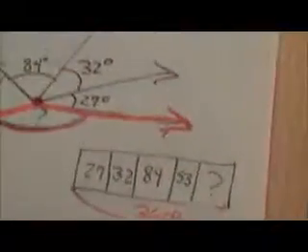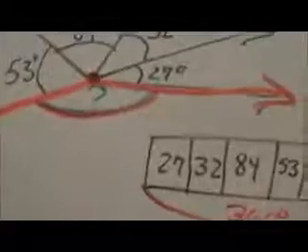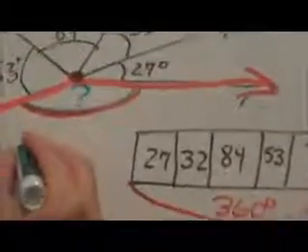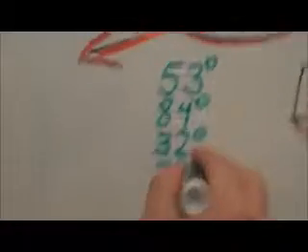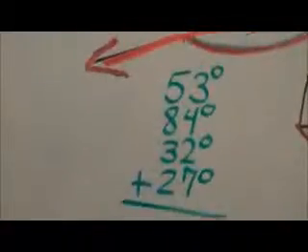You can do it the bar model way. You can do it this way. It's totally up to you. But if I take my 4 degrees, I have 53 degrees, I have 84 degrees, I have 32 degrees, and I have 27 degrees. My cameraman will zoom in a little bit.